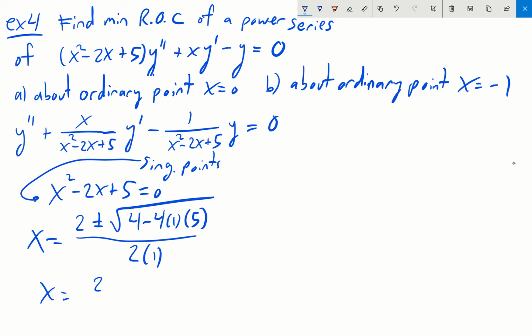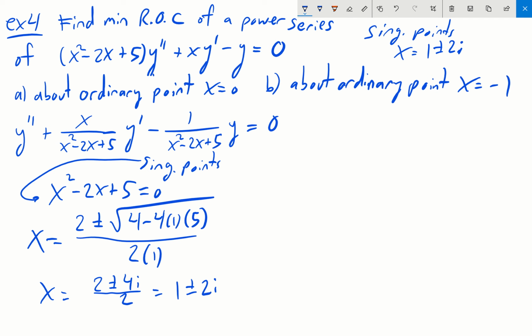This is going to give us 2 plus or minus, we're going to get a negative 16 under the radical, so that should be plus or minus 4i, over 2, and this is going to give us 1 plus or minus 2i. So the singular points of this differential equation are x equals 1 plus or minus 2i.